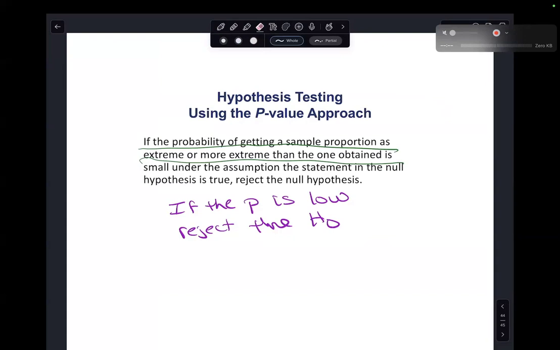Much of the time, My Open Math wants you to round your Z scores to two decimal places, and sometimes that's what will do it for you. Generally, when I'm doing my math, I won't do any rounding at all until the very, very end. That's generally what I do too. I'll leave everything in the calculator and then just round at the end.